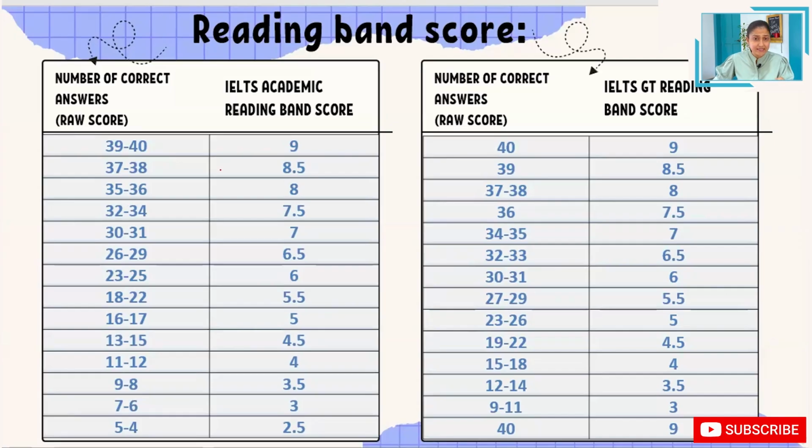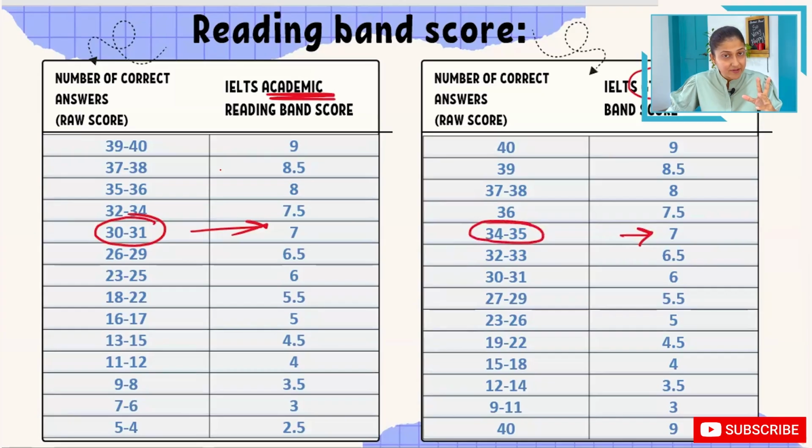So, for example, if an academic candidate needs to score 7, he or she would require 30 to 31 correct answers. If a general training candidate needs 7, then they would need 34 to 35 correct answers. Correct?